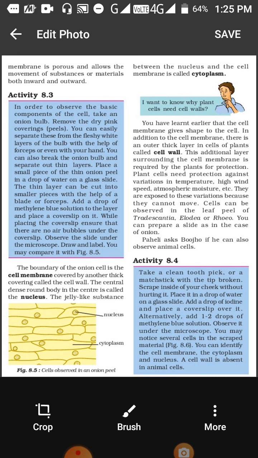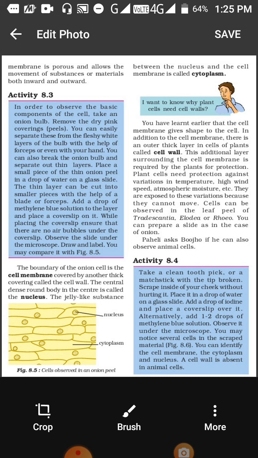Plant cells need protection against variation in temperature, high wind speed, atmospheric changes. So that means when the wind blows, the plants might fall down. So why don't the plants fall down? Because they have got a cell wall outside their cell membrane which gives them support. They are exposed to these because they do not move.